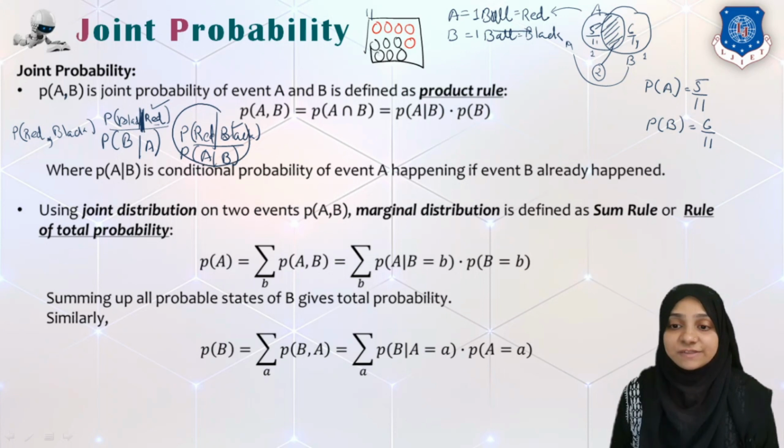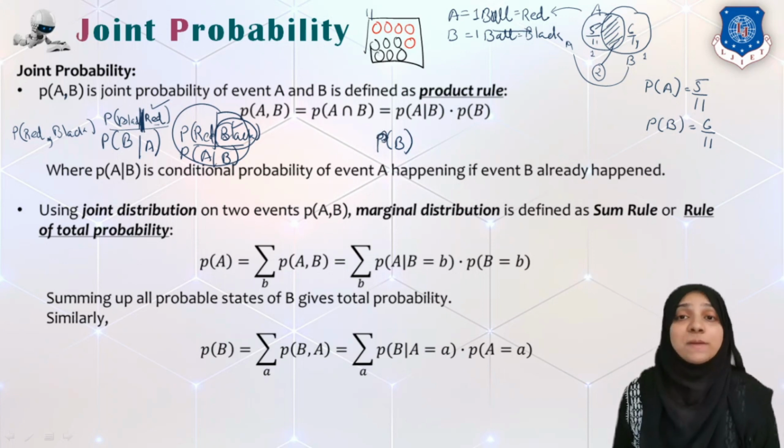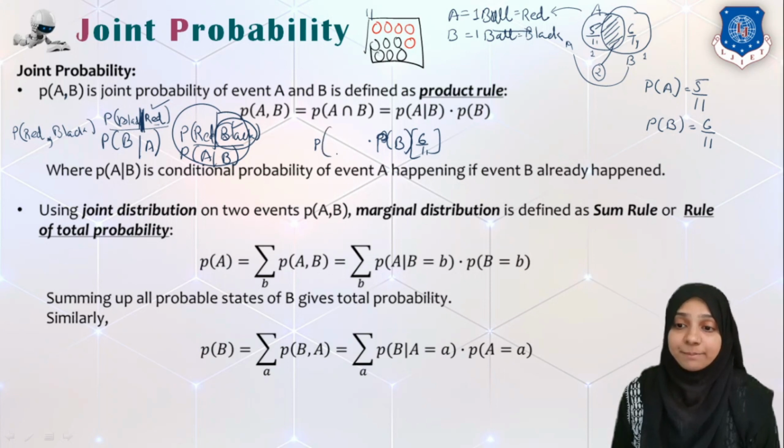Let me consider the case where the first probability is the probability of drawing a black ball, that is P of B. So the probability of the ball being black is 6 by 11. Now I know that this event has already happened.